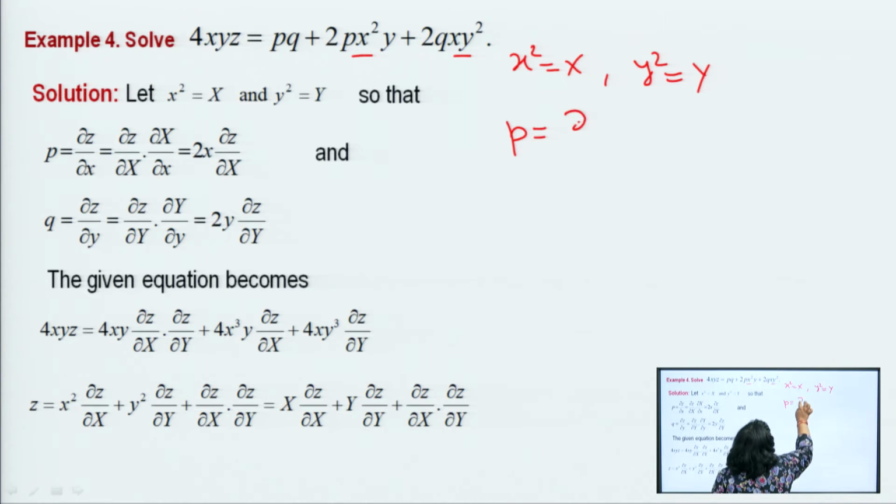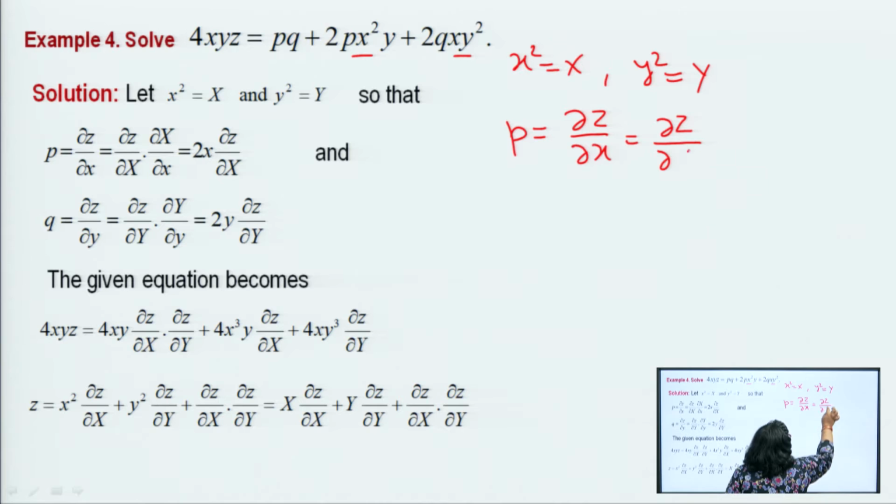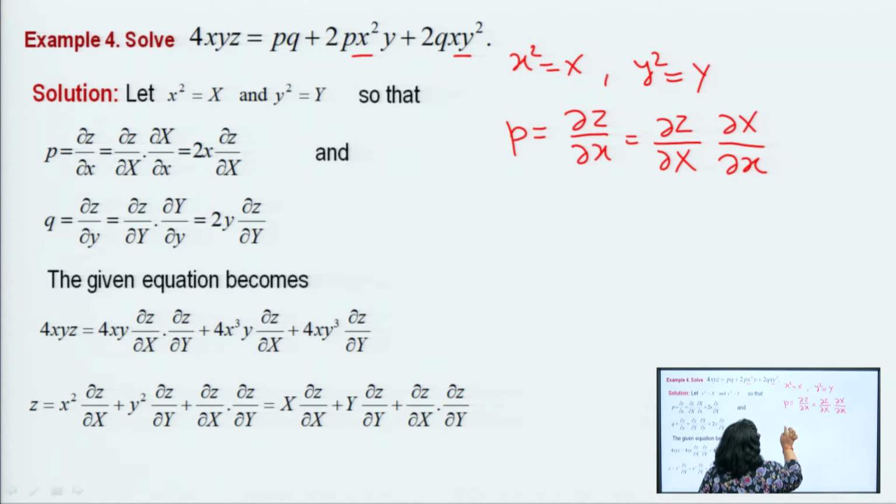For this we know that p is del z upon del x, and we can write it as del z upon del capital X multiplied by del capital X upon del x, and x square is differentiated as 2x dx.